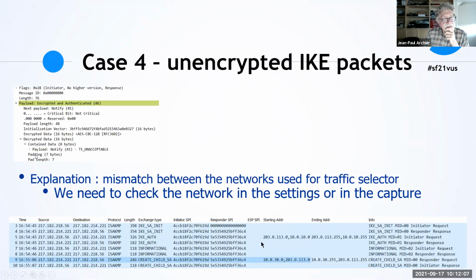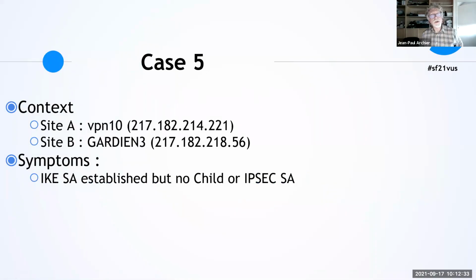In this case, we see that the answer is TS unacceptable. And TS unacceptable means that there is some discrepancy between the traffic selectors of the two sites. So it's a difficult case since we are not usually able to have these unencrypted packets.